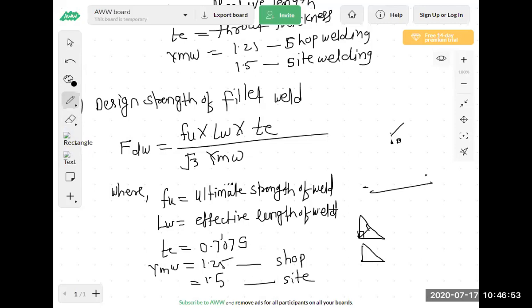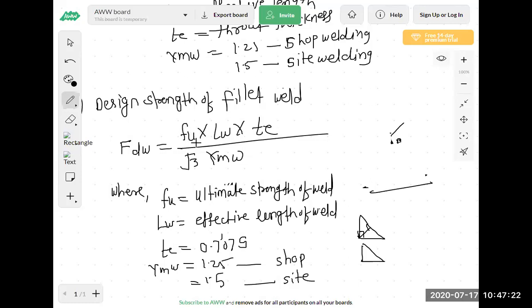Design strength of the fillet weld, that is FDW. FDW is nothing but the design strength of the weld for the fillet. For the fillet welding, Fu into Lw into Te. Now here the change is Fu instead of Fy. Here Fu is there. So they have taken the strength of the plate, that is Fe410. For Fe410, what is Fu?